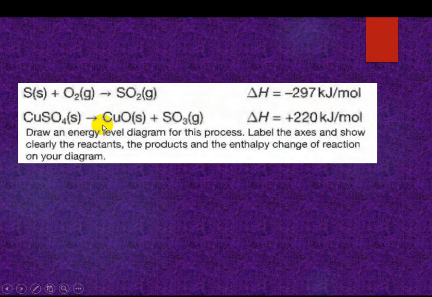The second is copper sulfate, which when heated undergoes a decomposition reaction, forming copper oxide and sulfur trioxide. Delta H is positive. Draw an energy level diagram for this process, label the axes, X axis and Y axis, and show clearly the reactants and products and the enthalpy change of the reaction on your diagram.